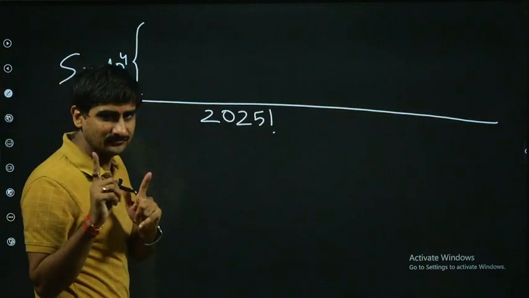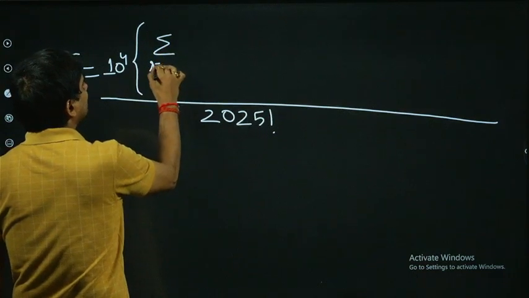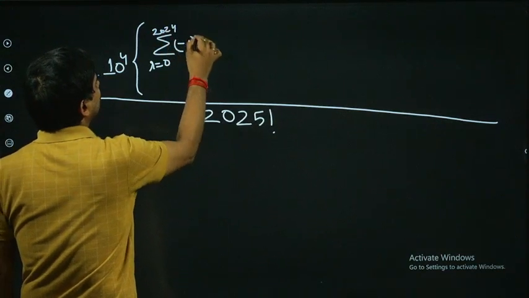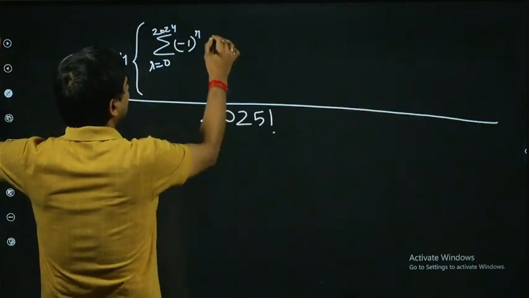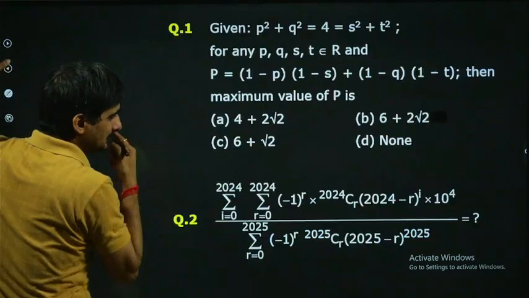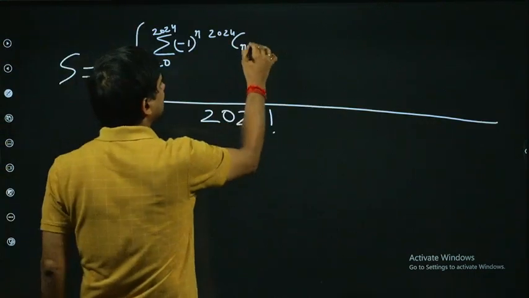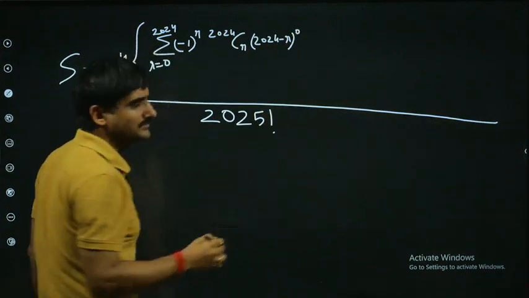i is equal to 0. Okay, so the series is r goes from 0 to 2024, minus 1 raised to the power r, 2024 C r, and then it is 2024 minus r raised to the power 0, which is of course 1.